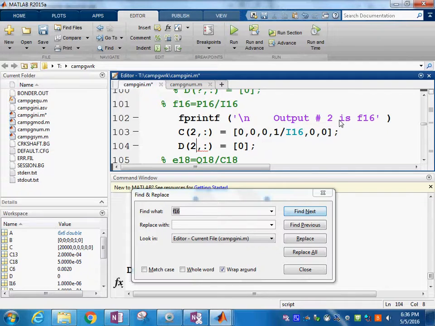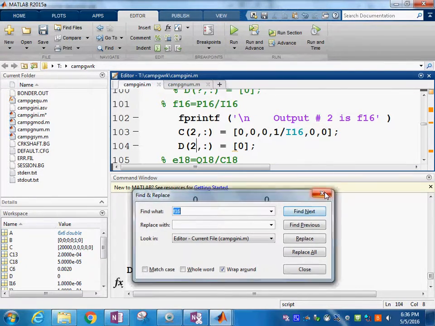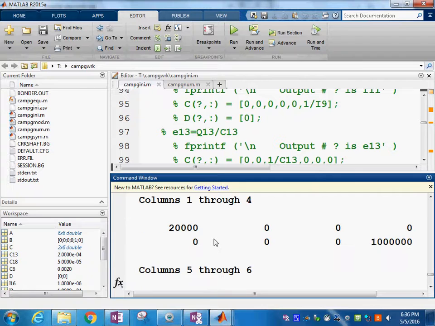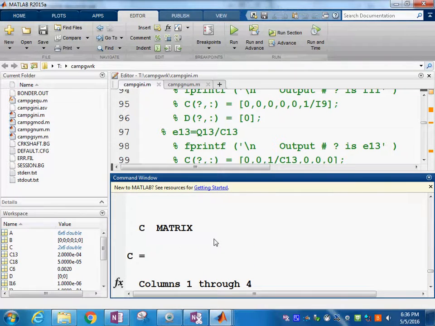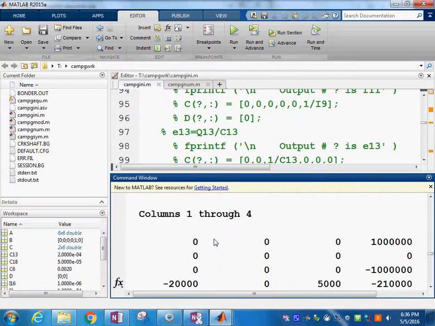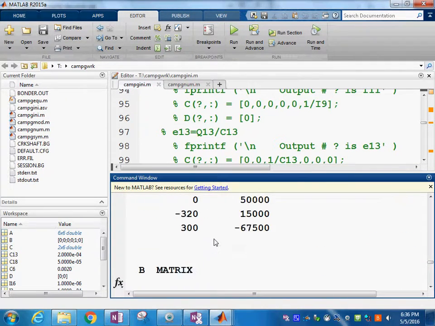So if I run it over here, let's close this for now, and you say run, the computer gave me these matrices now with the understanding we have 2 outputs right here, this A, B, and C, and the D for 2 outputs. See that, you can see there's 2 of those.